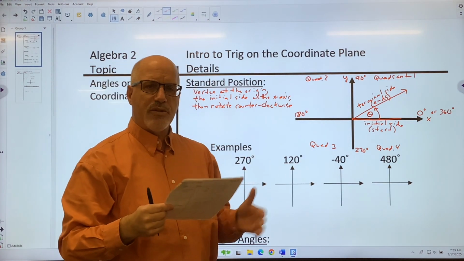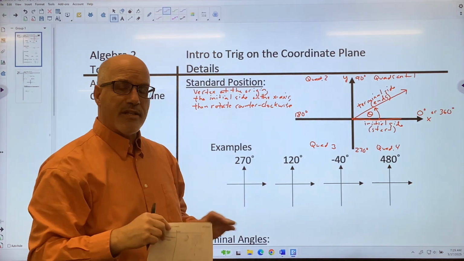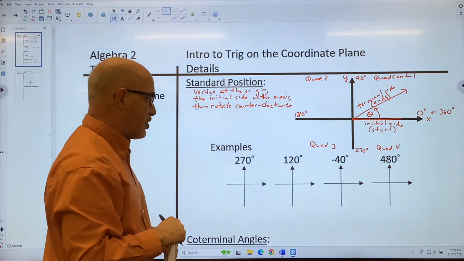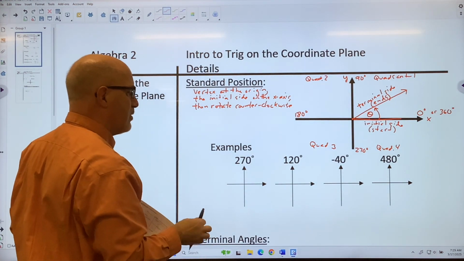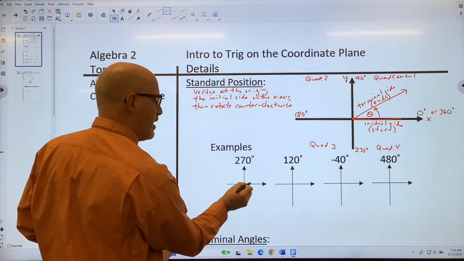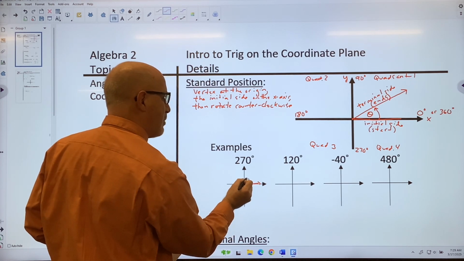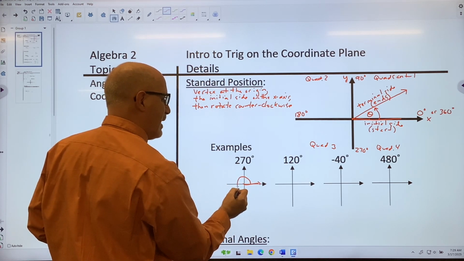Now, let's go ahead and do some examples of angles on the coordinate system in standard position. If we wanted to do 270 degrees, as we just talked about, you're going to rotate it this direction. It's going to start here, and then rotate past 90, past 180, and all the way over to 270.